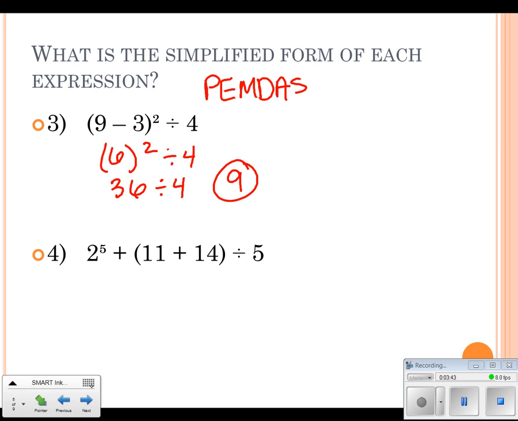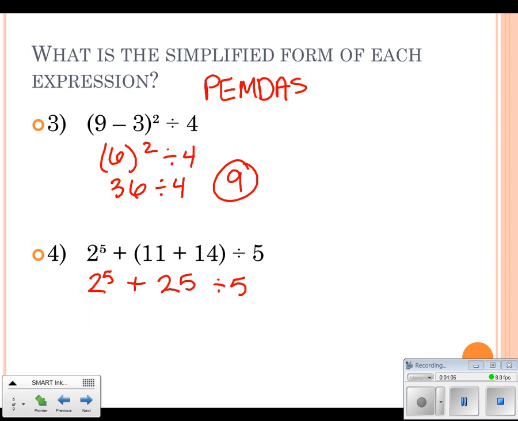Start with the parentheses. Rewrite the problem out. Exponents, 2 to the 5th power is going to give us 2 times 2 times 2 times 2 times 2, which gives you 32. I'm sorry, not 25.